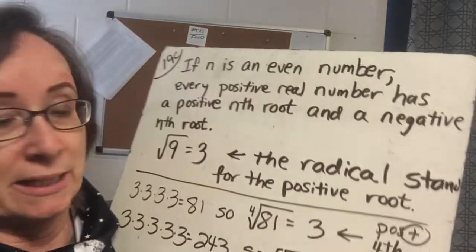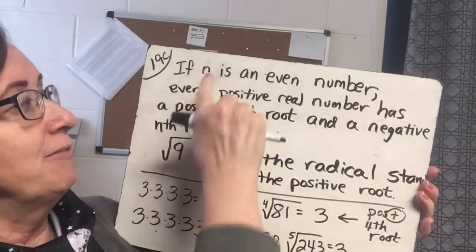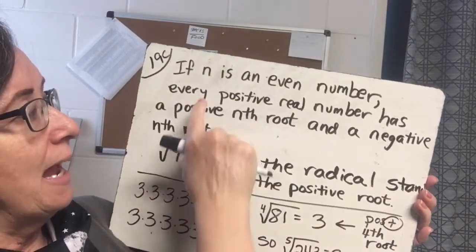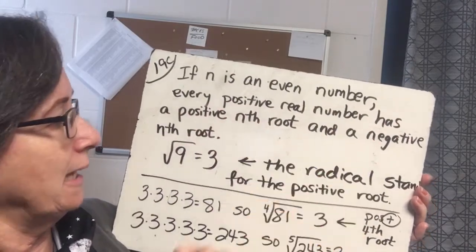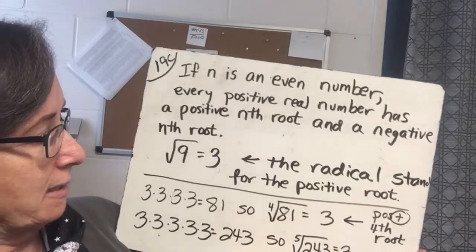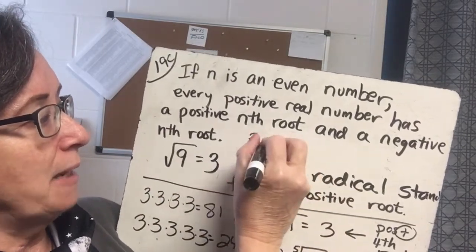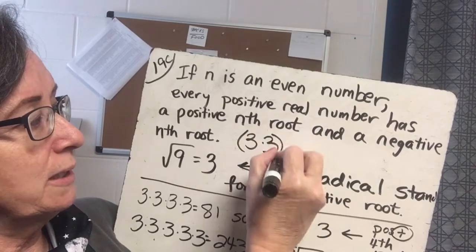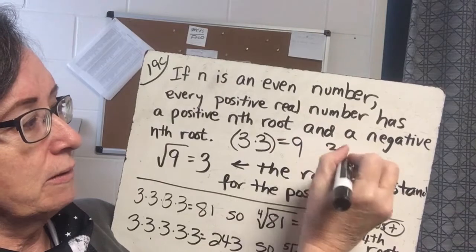We have some really cool rules to help us think about these things. If n is an even number, every positive real number has a positive nth root and a negative nth root. So let's look at these. If I took 3 times 3, I would get 9. So 3 squared is 9.